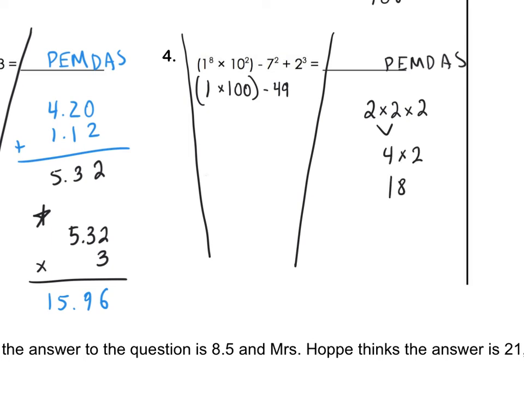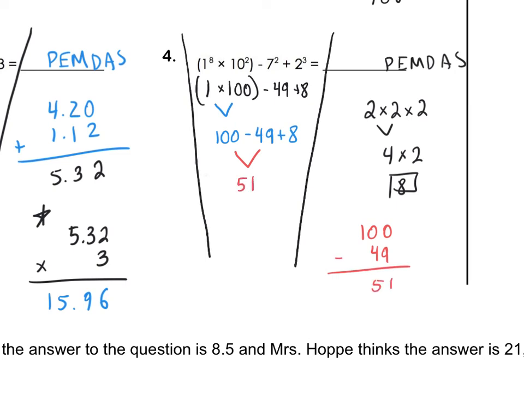This should give you 8. Once I have my row done, now I need to multiply. And notice I'm going to rewrite it each time. Now I'm going to solve here. 100 minus 49 gives me 51. And tell me what you get for your final answer. You should have gotten 59.